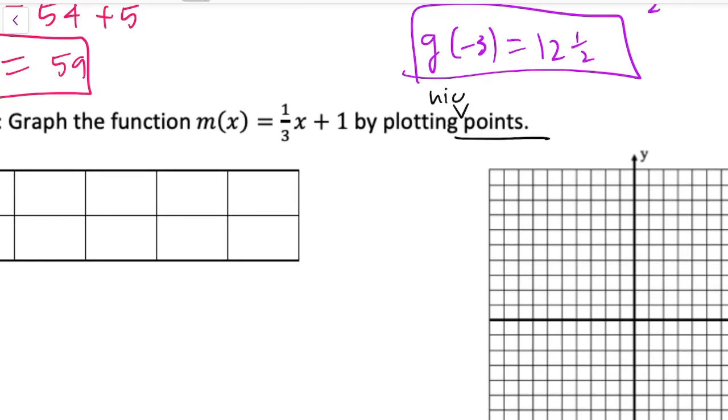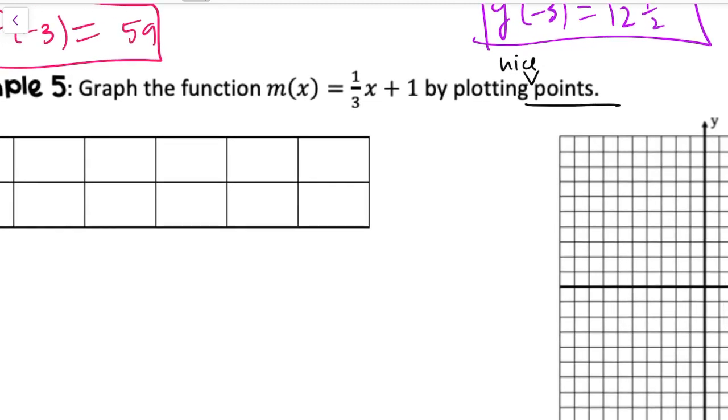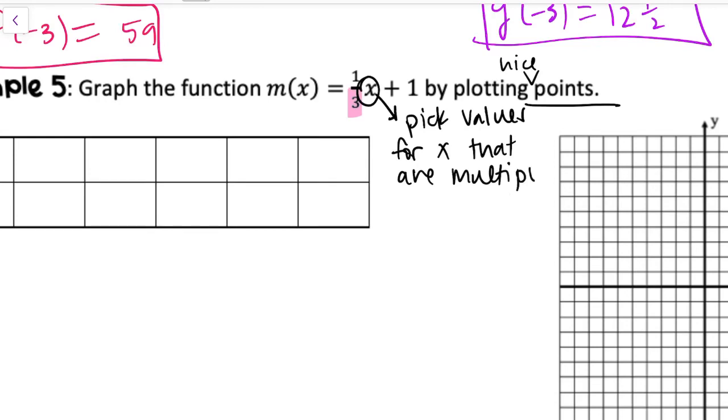What I mean by that is, if you have a fraction in front of your x, so your m, your slope, is a fraction, pick values for x that are multiples of that denominator, so for us, 3, then your life is going to be a lot easier. You're going to have all whole numbers to pick.